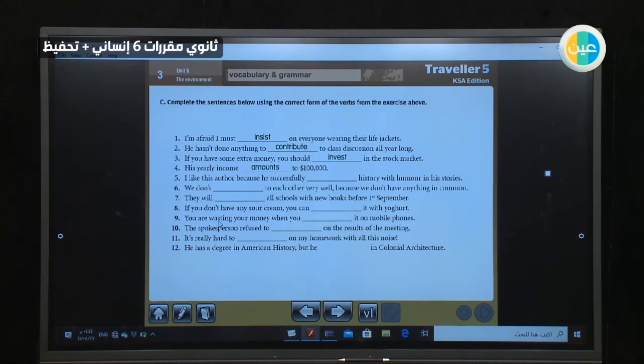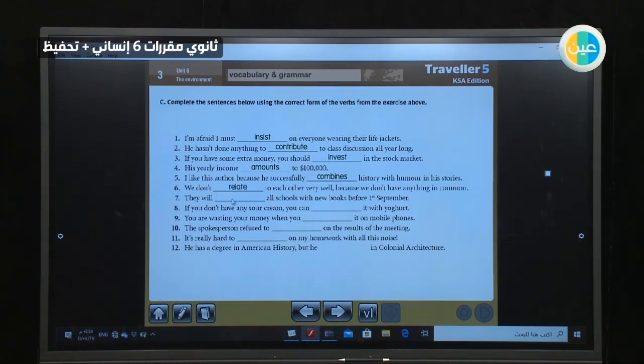I like this author because he successfully combines history with humor in his stories, a funny way, a sense of humor. We don't relate to each other very well because we don't have anything in common. So we don't relate. There is nothing common between us.